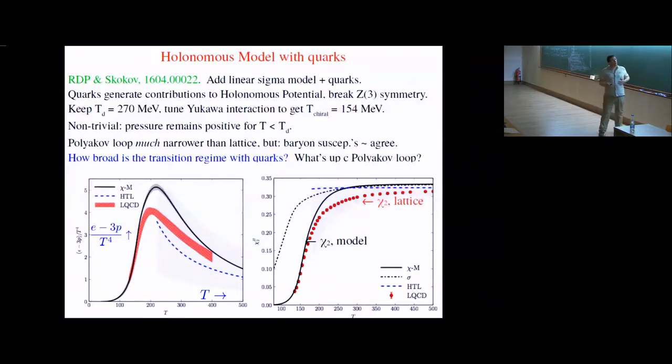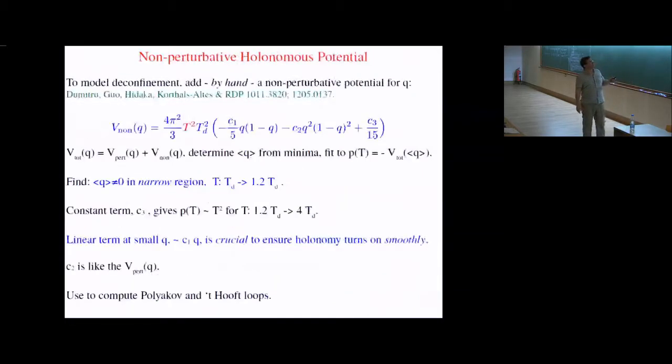As in the pure glue theory, the transition, 270 is here. Yeah, so why do you call that now a deconfinement temperature? No, it's just a parameter in our model. What we did is we took this potential where this T_D is 270, and then we added quarks.